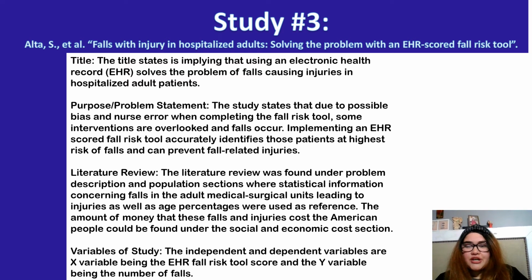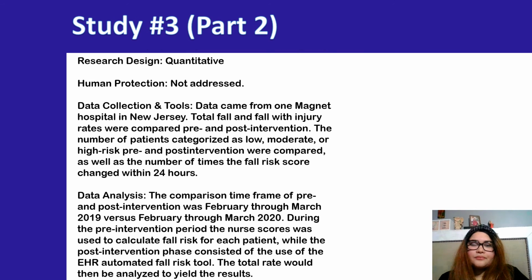The literature review was found under the problem description and population sections, and statistical information concerning falls in the adult medical surgical units leading to injuries, as well as age percentages, were used as a reference. For my X variable, I have the EHR fall risk tool, and my Y variable being the number of falls.